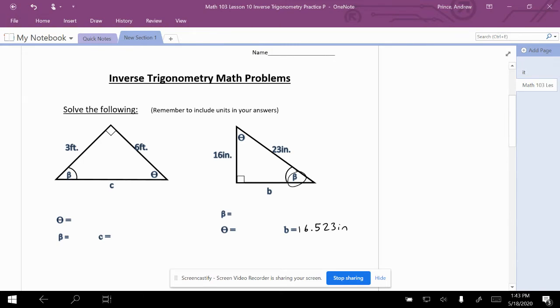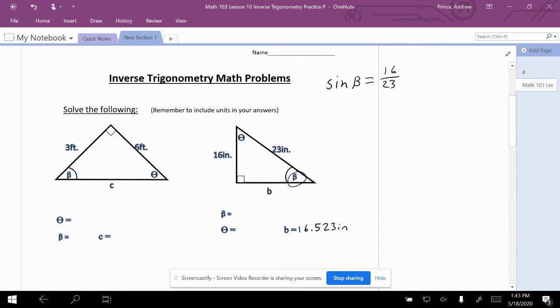So depending on what perspective you want to have, you're going to use that 16 and the 23 differently. So if we want to use B as our perspective, like we talked about doing earlier, we're going to say that we're going to be looking at, from B, the opposite and the hypotenuse. So opposite and hypotenuse, I know that's sine. So sine of B equals opposite 16 over hypotenuse 23.